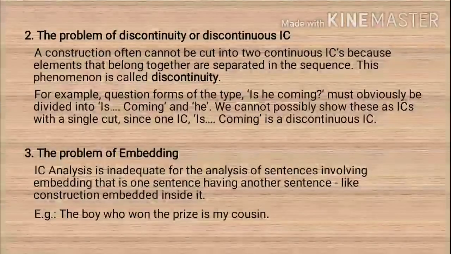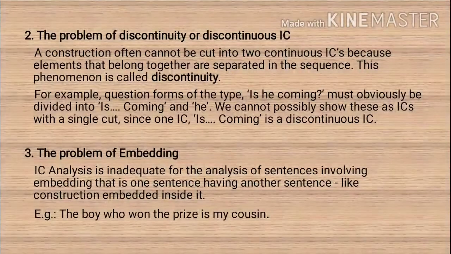Second is the problem of discontinuity or discontinuous IC. A construction often cannot be cut into two continuous ICs because elements that belong together are separated in the sequence. This phenomenon is called discontinuity.